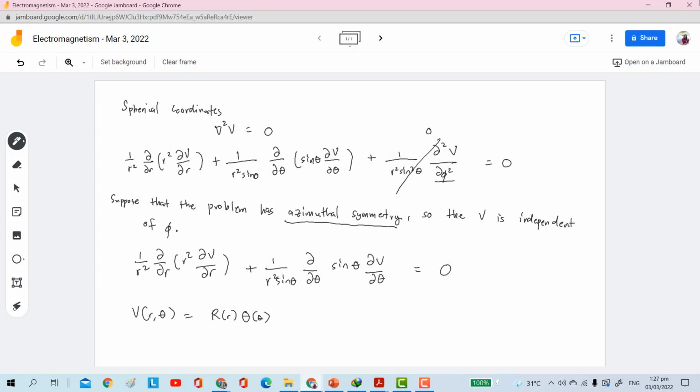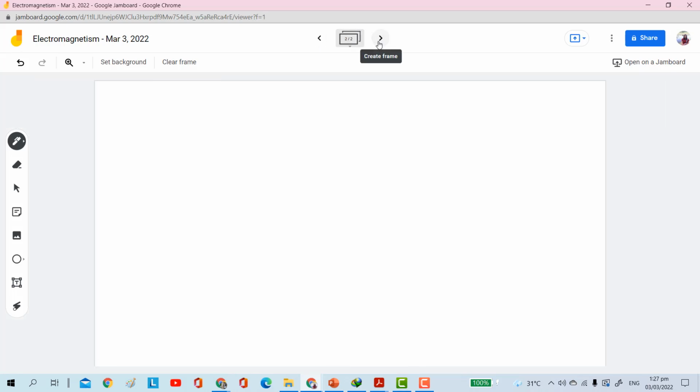So our goal is to separate this first, such that we can treat it separately.